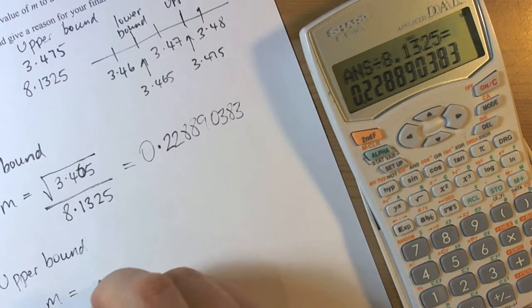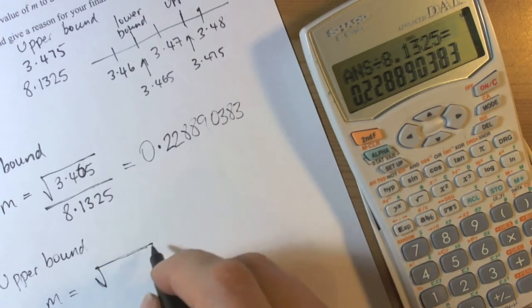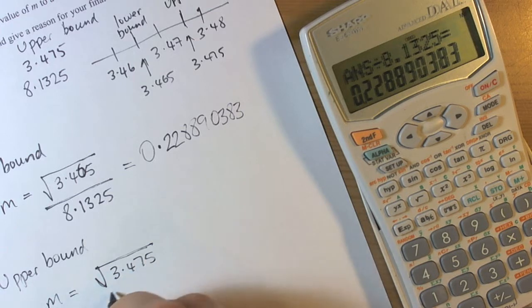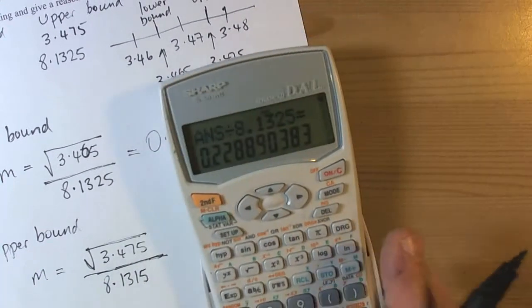And then we need the upper bound for m. To get the upper bound, we need the largest possible value for the square root of S on the top, so that's going to be the square root of 3.475, and we need the smallest possible value on the bottom, so that's going to be 8.1315, so the numerator and denominator positions swap. We do that with a calculator.